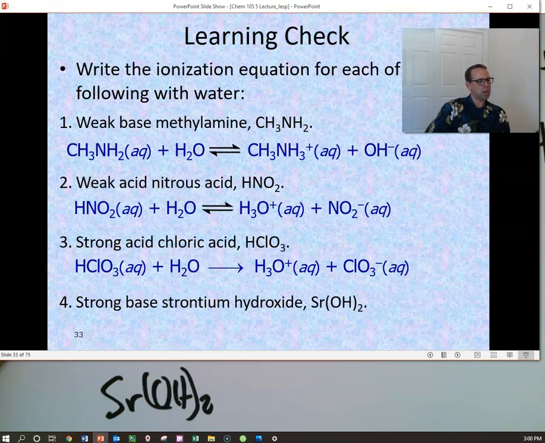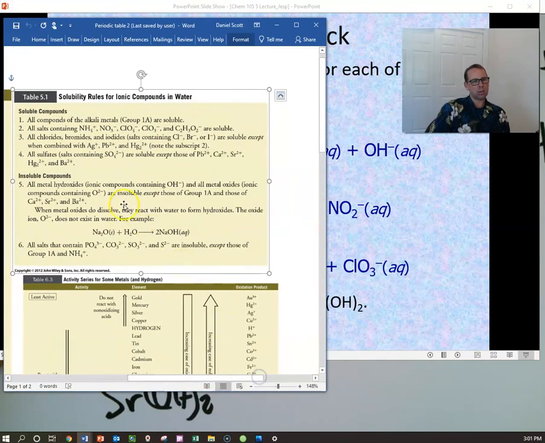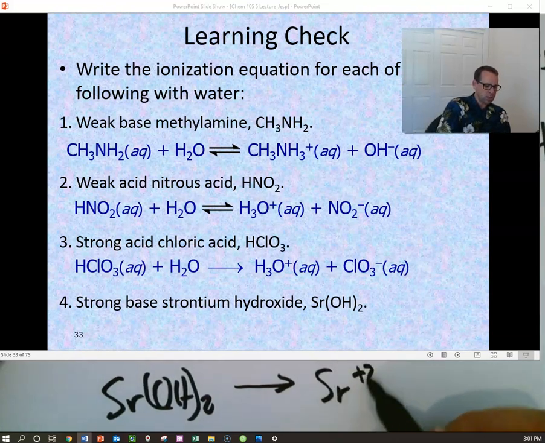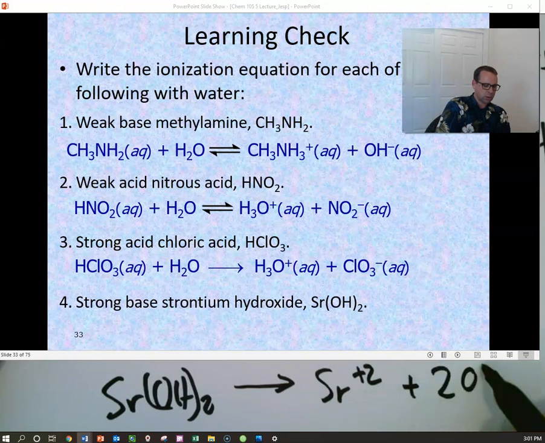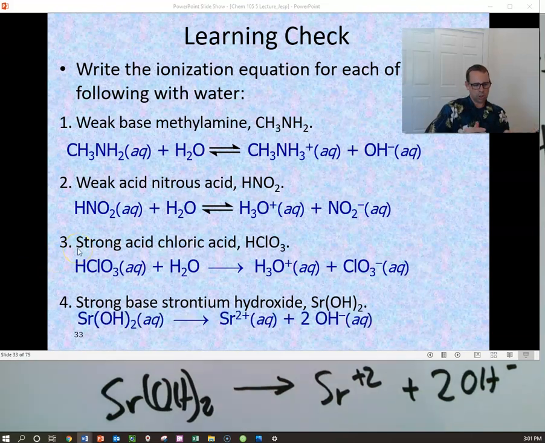I can also see on my solubility rules, solubility rule number 5, because it's with strontium, it's going to be soluble. And so I just have to write the ionization of this compound. If this compound ionizes, we're going to have the strontium ion and 2 hydroxide ions, right? And so it's not a weak base, it's a strong base. So that's going to be the dissociation of our strong base.